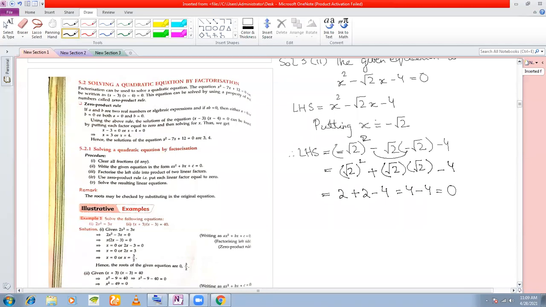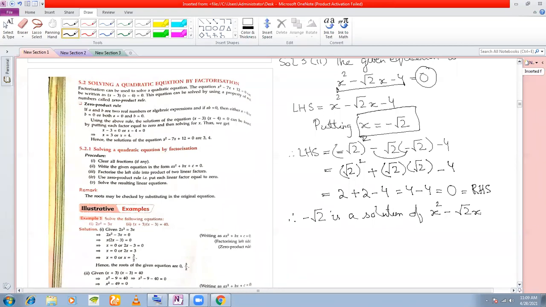So when you put x is equal to minus root 2 in the left hand side of this equation, you get the right hand side, 0, which is equal to RHS. So therefore, we can say minus root 2 is a solution of x square minus root 2x minus 4 equal to 0.